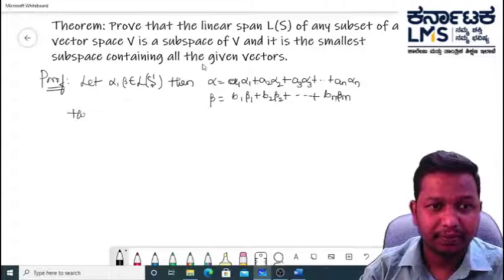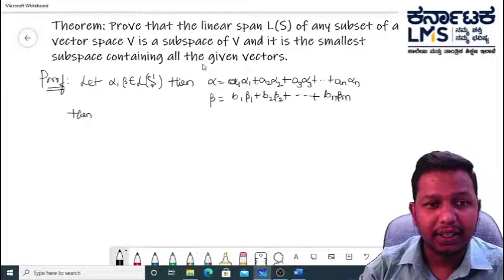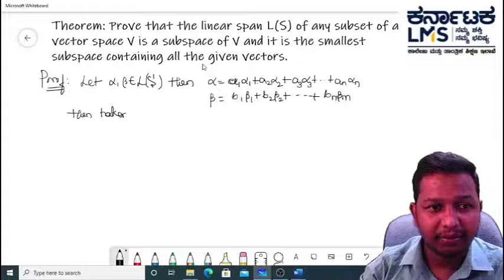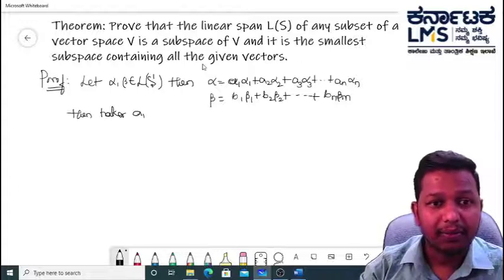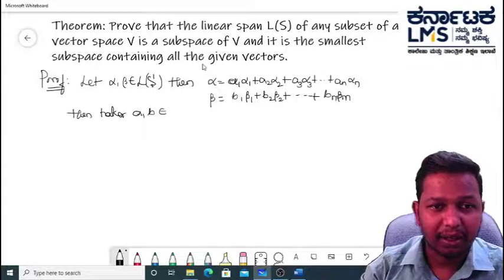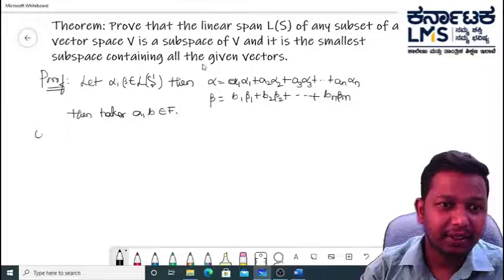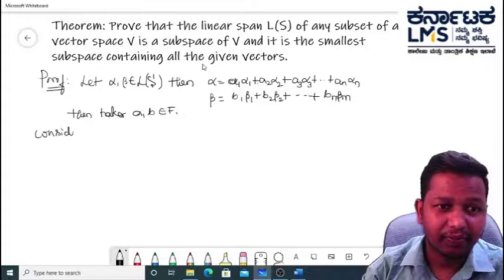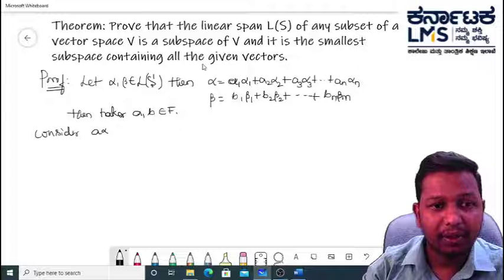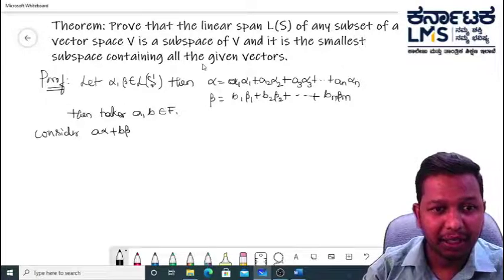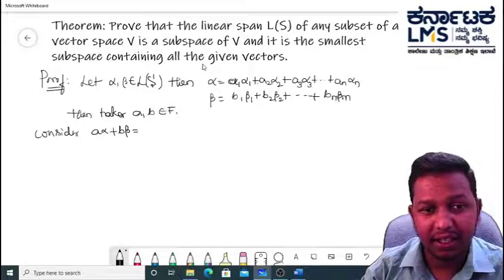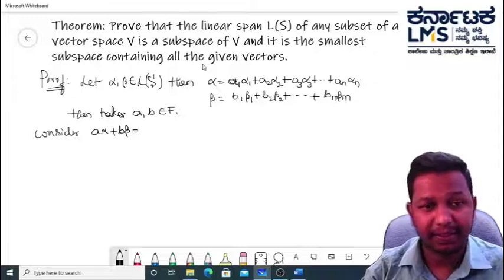Then take two scalars from the field, that is a, b belong to F. Consider a alpha plus b beta. That is the criterion to verify the subspace.